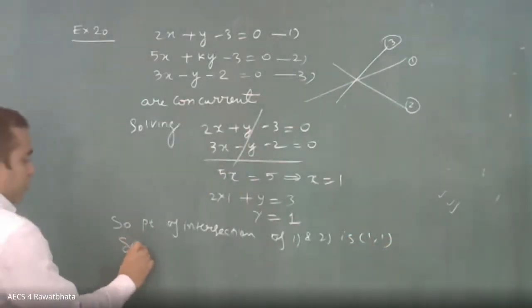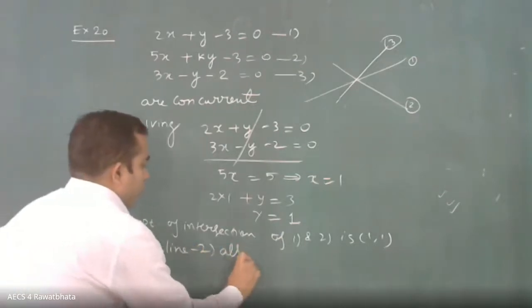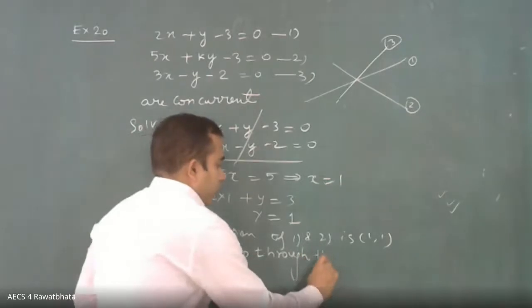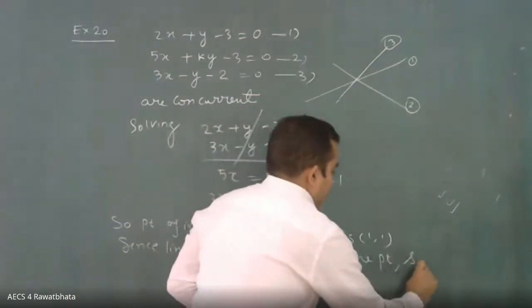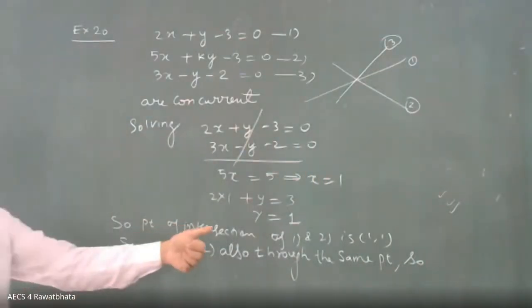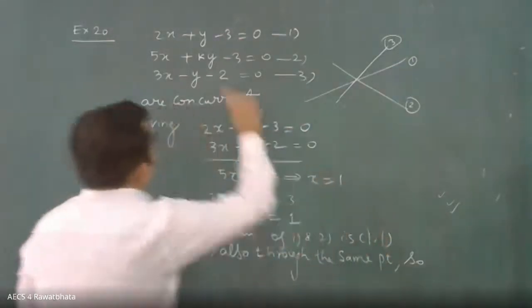Now since line 2 also passes through the same point because they are concurrent, what to do? Let us put this point of intersection, whose coordinates are (1, 1), in line number 2.